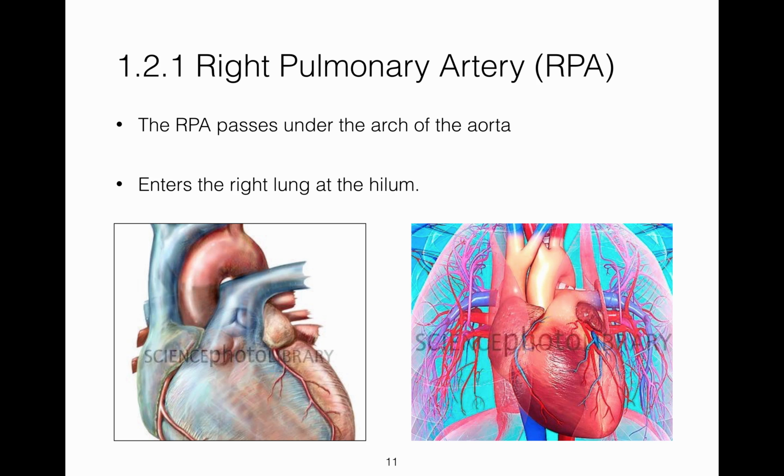The right pulmonary artery branches from the main pulmonary artery and passes under the arch of the aorta. It continues to course rightward and enters the right lung at the hilum, where other structures like the brachial vessels also enter the right lung.